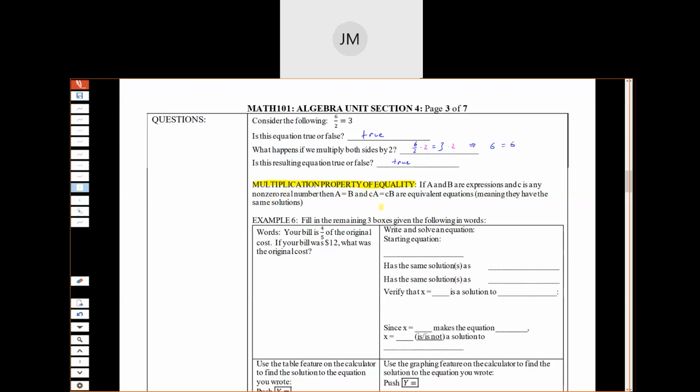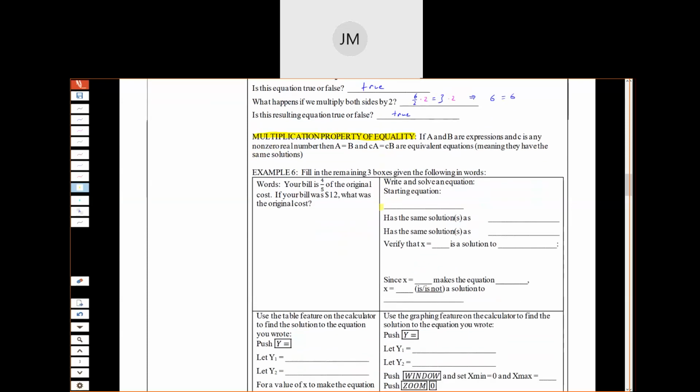Okay, let's look at an example. Your bill is 4/5 of the original cost. If your bill was $12, what was the original cost? So let's start by putting in some variables.